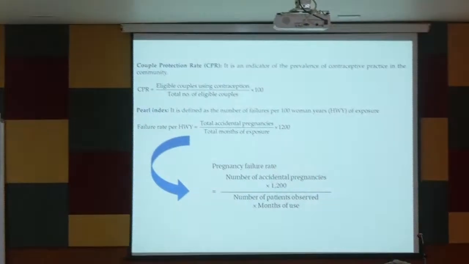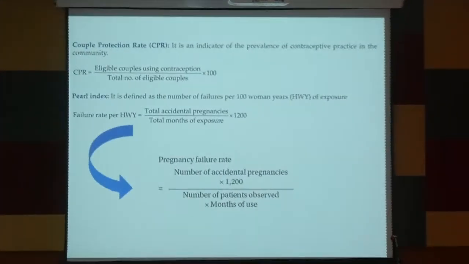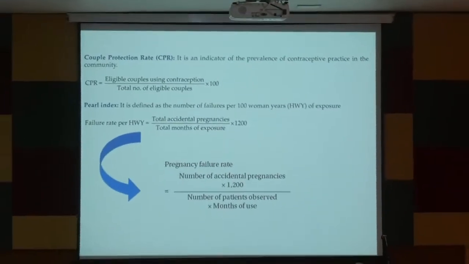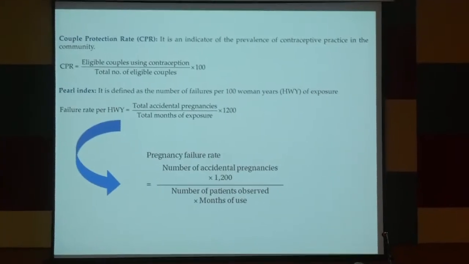What is couple protection rate? It is the indicator of the prevalence of contraceptive practice in the community. The use of any contraceptive practice in the community, the prevalence of that is shown by the couple protection rate. So, couple protection rate is eligible couples using contraception divided by the total number of eligible couples.